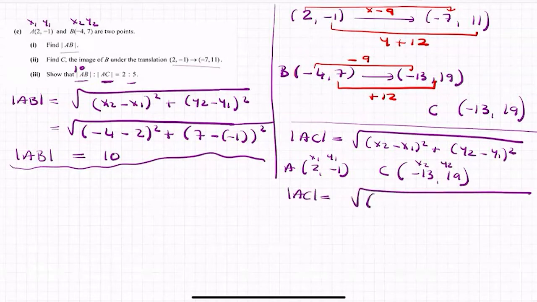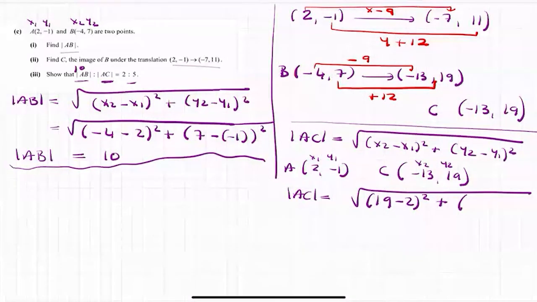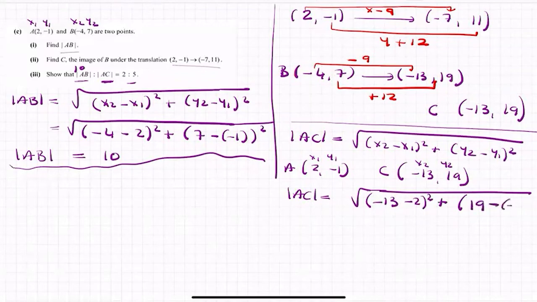It's the square root of x2 minus x1 squared plus, I did that the wrong way around. Now let me do it right this time. So x2 is minus 13 minus x1, squared, plus y2 minus y1, squared.